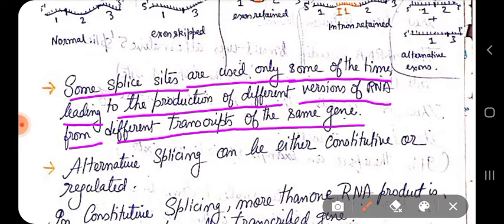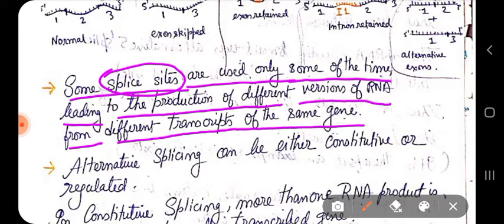So it is saying here clearly that not all the splice sites, the 5' splice site or the 3' splice site that we have seen in the splicing process, found within the intron-exon boundary, are used.